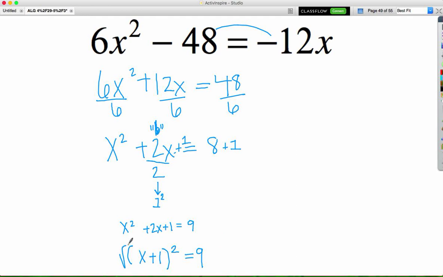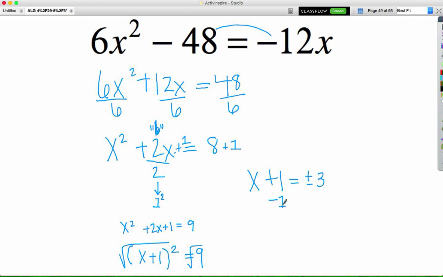We are taking the square root of both sides, but we have to remember that there's a positive and a negative answer here. So I've got x plus 1 equals plus or minus 3. So I finished off. Where did the 2 go? In the middle? Because we rewrote the trinomial as just its binomial squared, like its factors, basically.